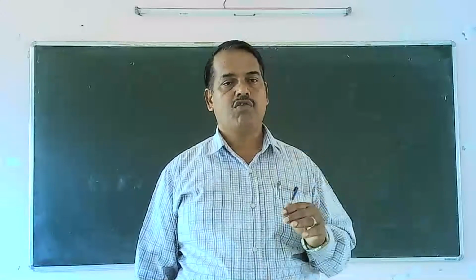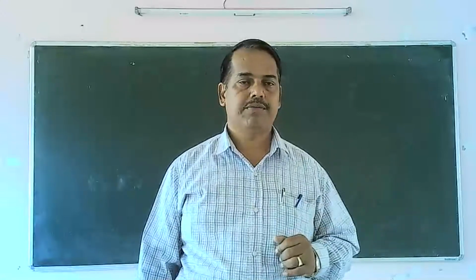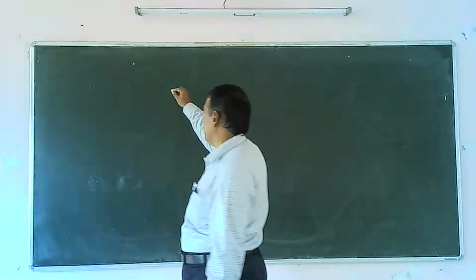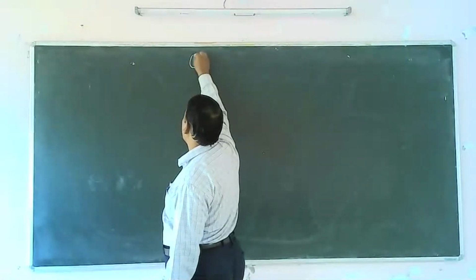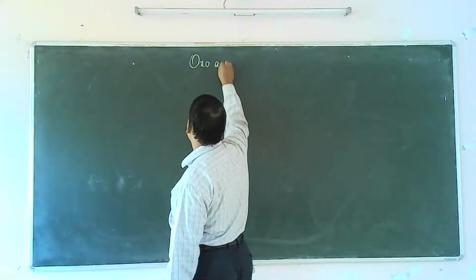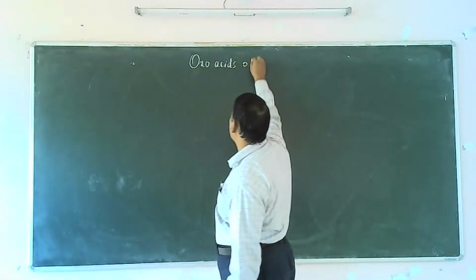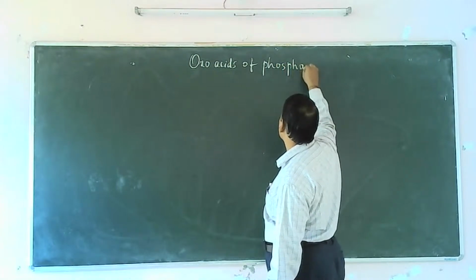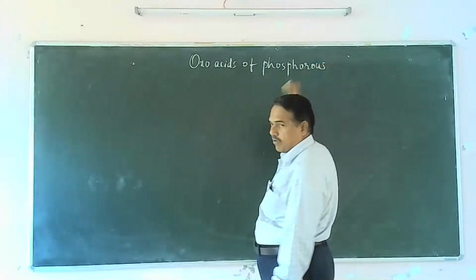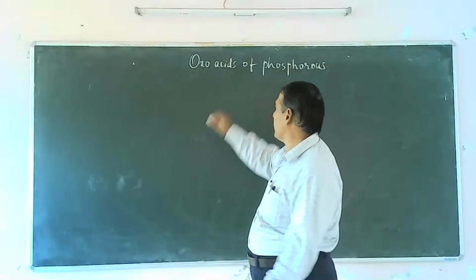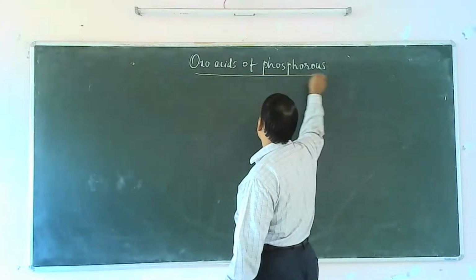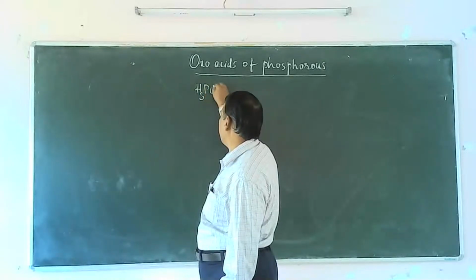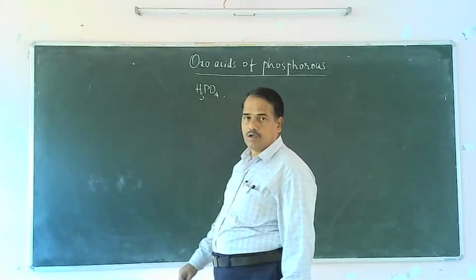So you have to know its structure. Oxoacids of phosphorus are phosphoric acid, H3PO4.